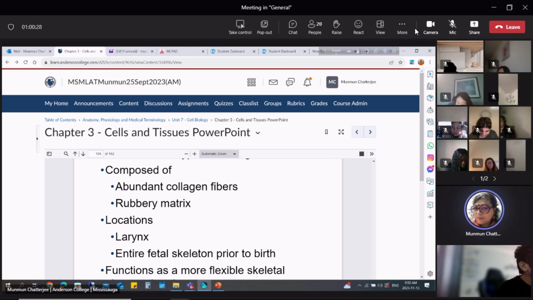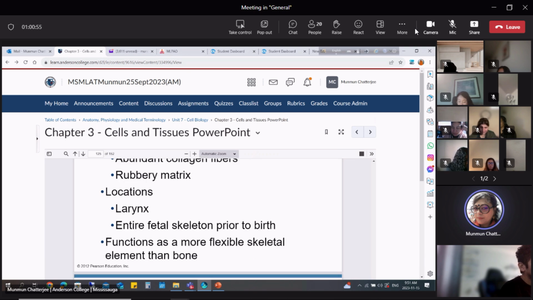Fetal skeleton prior to birth. In the baby before birth, the whole skeletal system is cartilaginous, it is hyaline cartilage. That's why when the baby is born, you have to be very careful, especially with the head and spinal cord, everywhere, so that you don't hurt or break this cartilage.